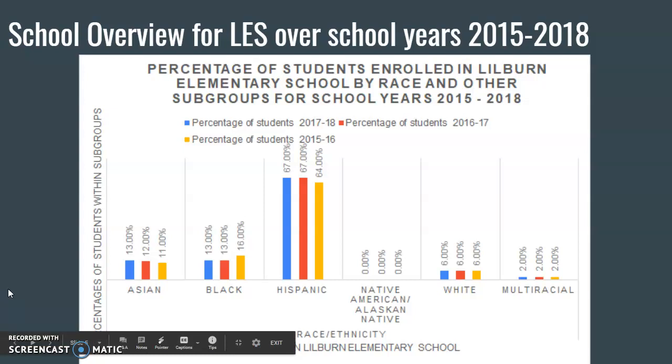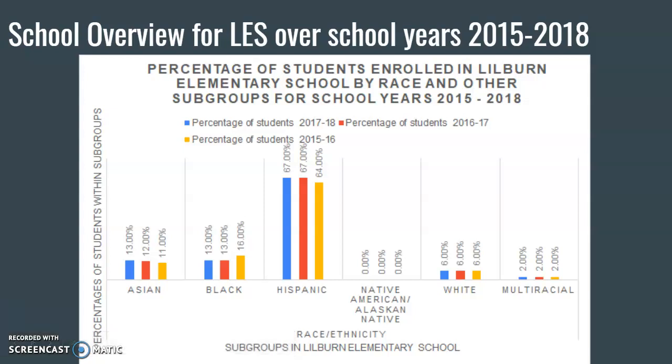This percentage is followed by Asian and African American students, both hovering around 12 to 13% all 3 years. Then white students, steadily at 6% all 3 years, are followed by a multiracial group at 2% for all 3 years. I show this data because students' backgrounds affect how they perform in school, how they learn, and what kind of expectations they have when approaching a testing environment.